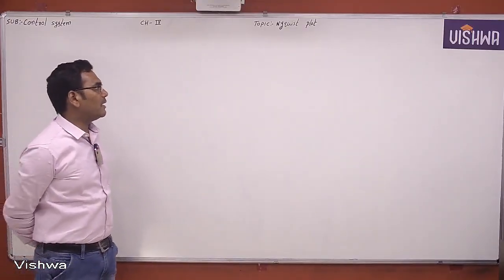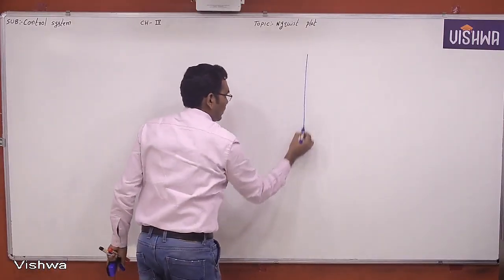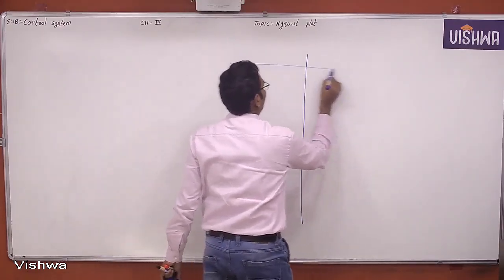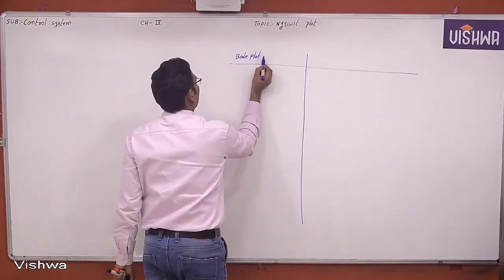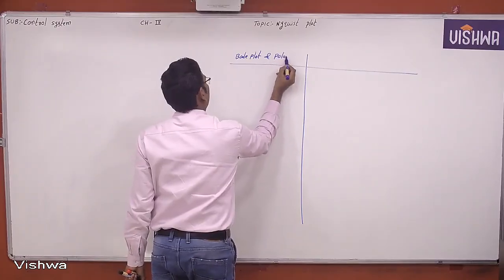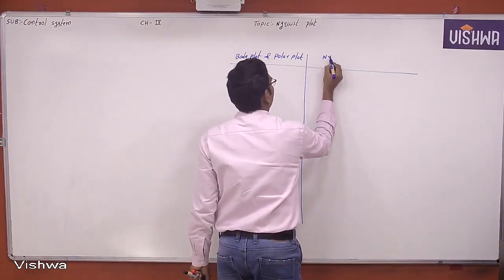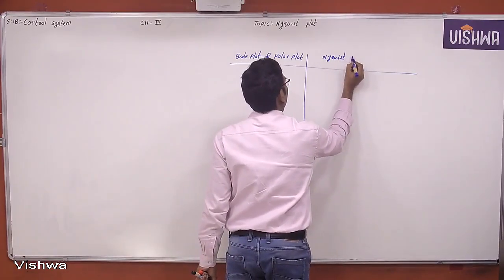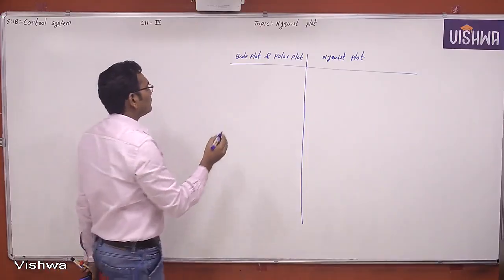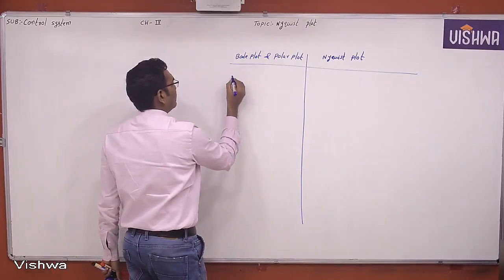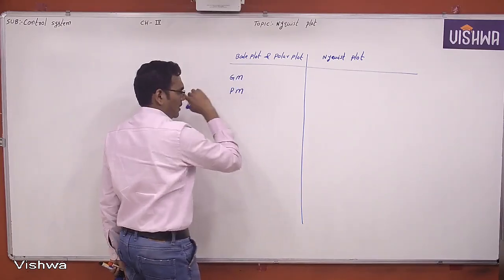But before we start the Nyquist plot, I will give one comparison between the Bode plot, polar plot and Nyquist plot. I write Bode plot and polar plot on one side, and Nyquist plot on the other side. In the Bode plot and polar plot, we first want to find gain margin and phase margin.